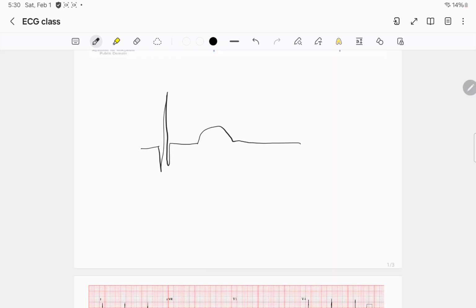So when speaking about ventricular repolarization, you have something called the absolute refractory period and the relative refractory period.